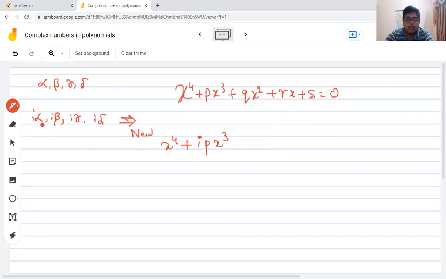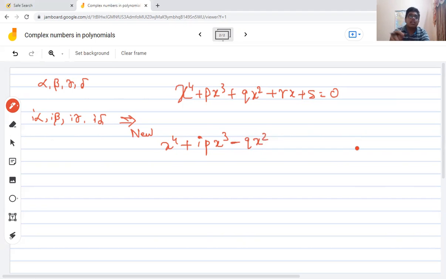But here, if we multiply, we get an additional i^2 with each of the terms, which I can pull out. So we'll get i^2 times (alpha beta + alpha gamma + alpha delta, and all the possible combinations). Actually, this q has to be multiplied with i^2 in our new equation. So i^2 is minus 1 according to the definition of the number i. So we are going to replace this q with minus qx^2.